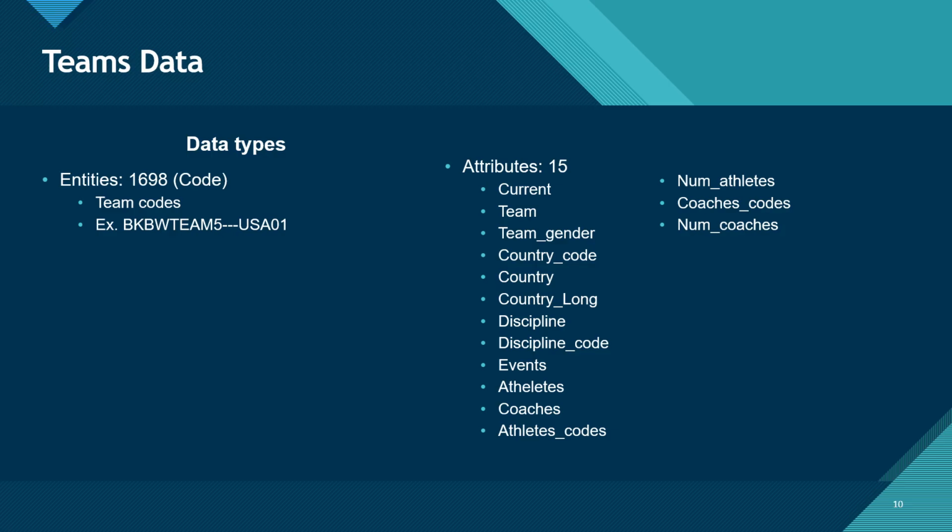These entities have 15 attributes associated with them: current, team, team gender, country code, country, country long, discipline, discipline code, events, athletes, coaches, athlete codes, number of athletes, coaches codes, and number of coaches.